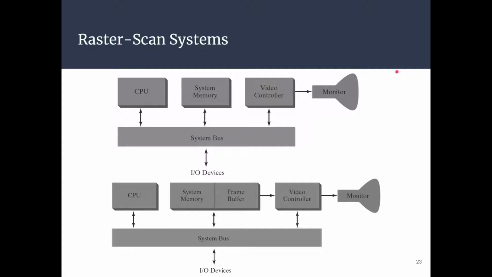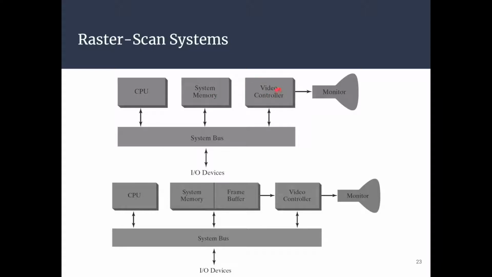So looking at these images here, this top image is the basic architecture of what a raster scan system will look like, just a basic one. Here we have a system memory, and in the system memory, the frame buffer exists somewhere.